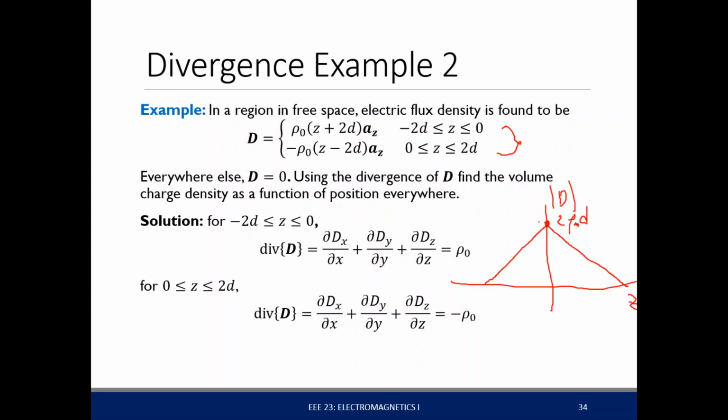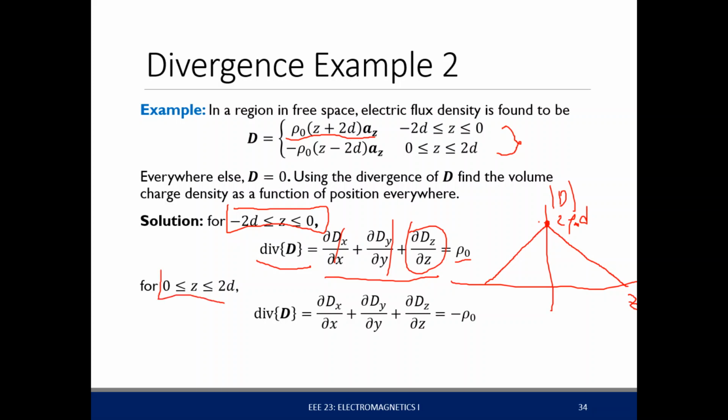So using the divergence of D, find the volume charge density as a function of position everywhere. The divergence of D is equal to this expression. Since it doesn't have an x component and a y component, it will just be left with this. In this region, take the derivative with respect to z, and you'll just be left with rho naught.